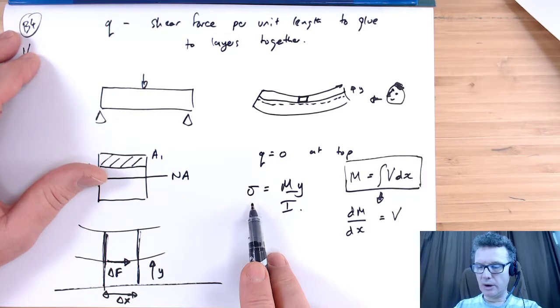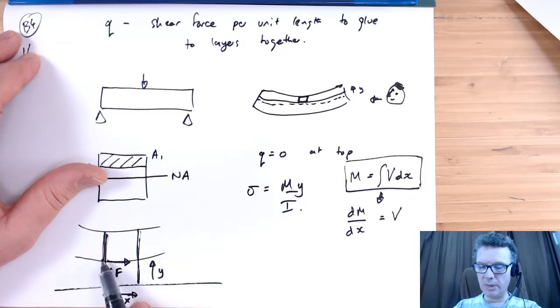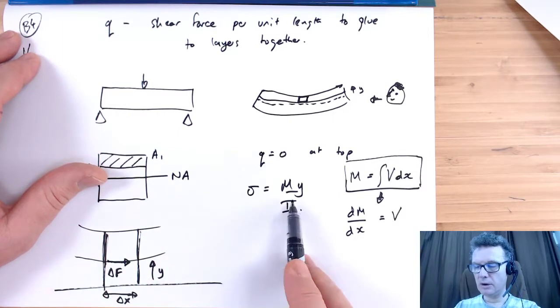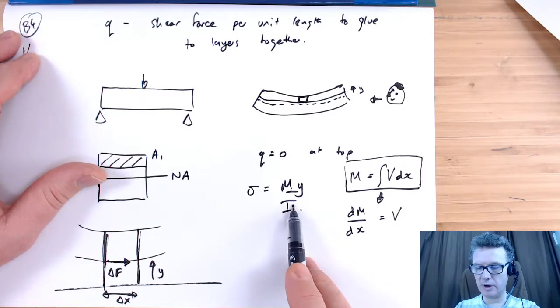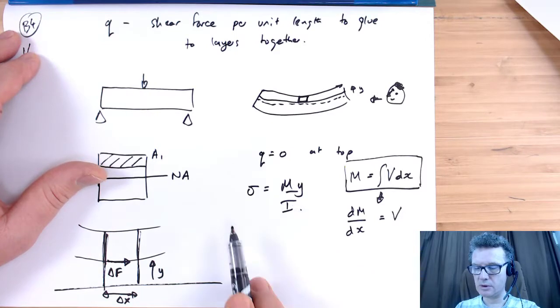So we've got a bending force acting on this side here, and I know that I can use this formula here to find that bending force. And I've got another bending force on this side here.